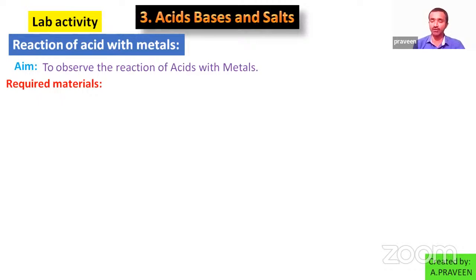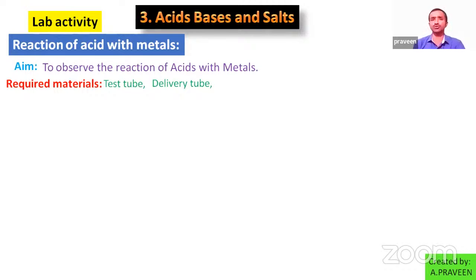So you require a test tube or a boiling tube, along with a delivery tube, because the reaction of acid with metals may produce a gas. I learned in the second lesson on chemical equations that while a reaction takes place, we have a few changes: new products obtained, precipitate may be formed, gases may be evolved.